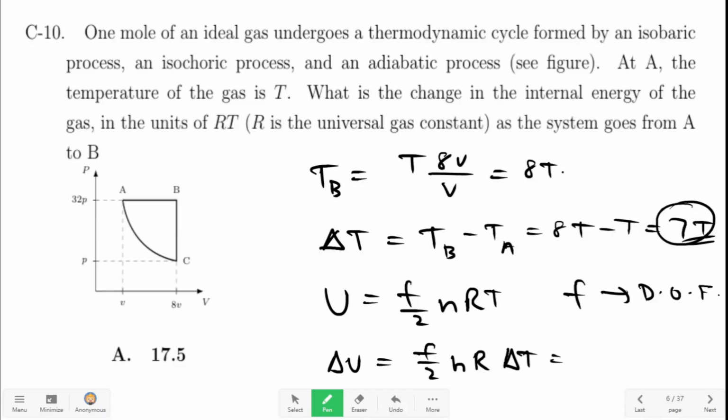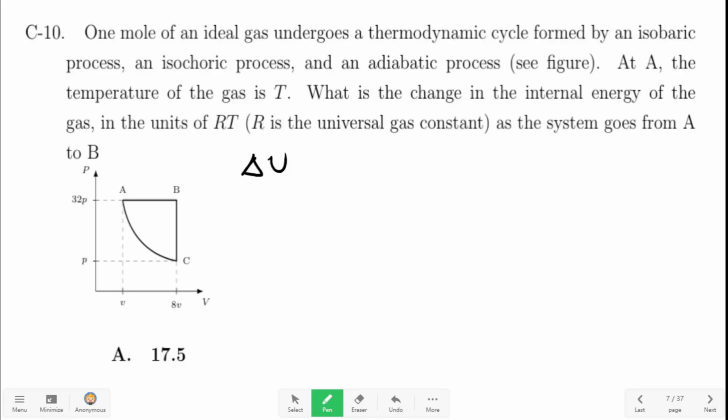Therefore we have delta U is equal to f by 2, n is 1 mole, times R times delta T is 7T. Therefore delta U is equal to f by 2 times 7 times RT. Now we need the change in internal energy in units of RT. Therefore delta U is equal to 7f by 2 in units of RT.